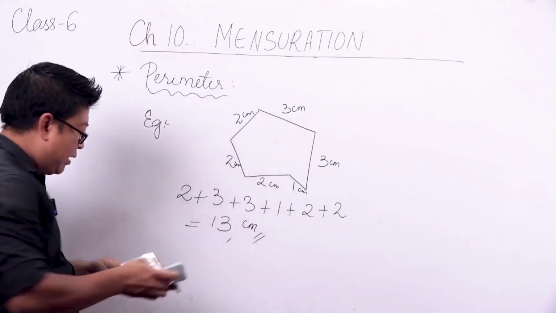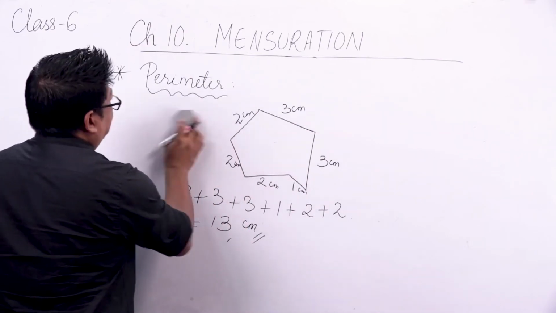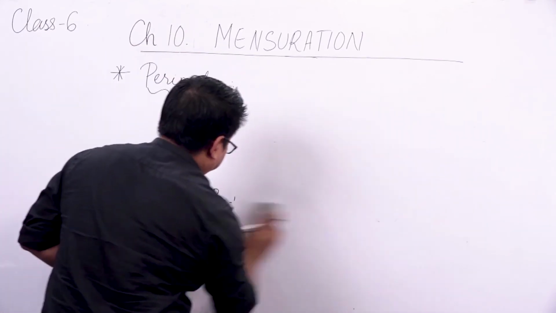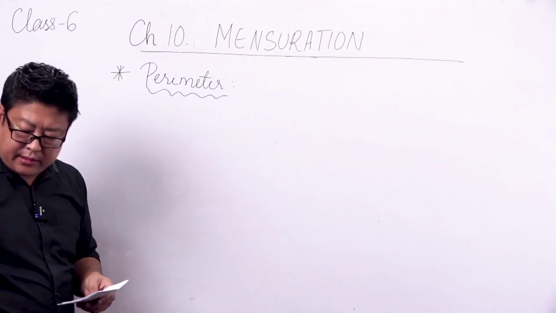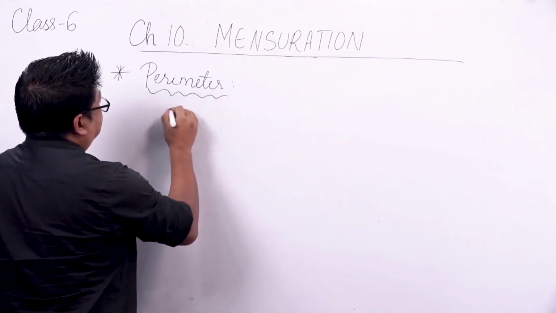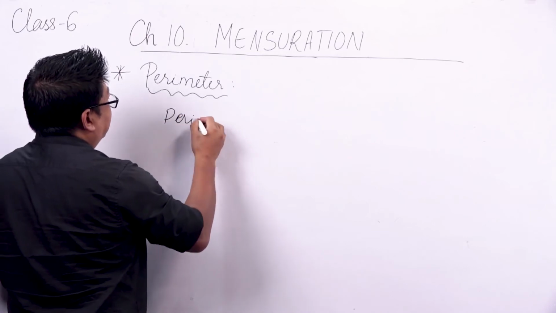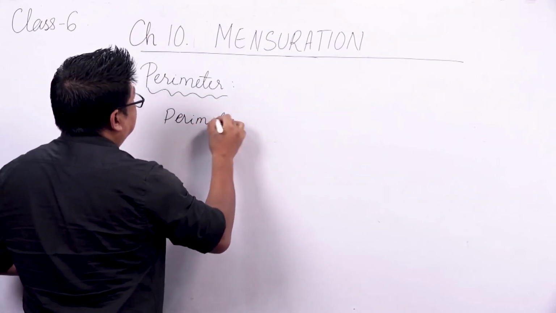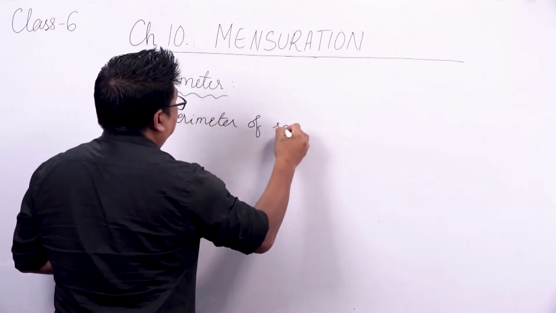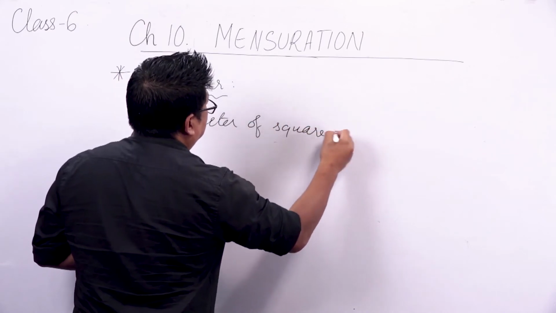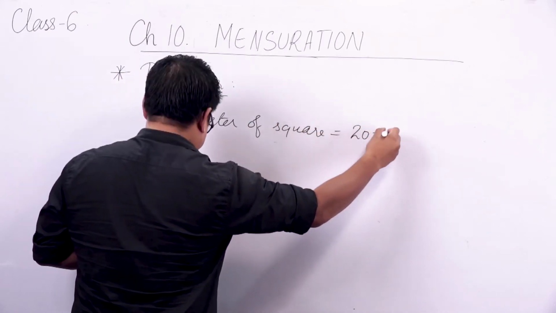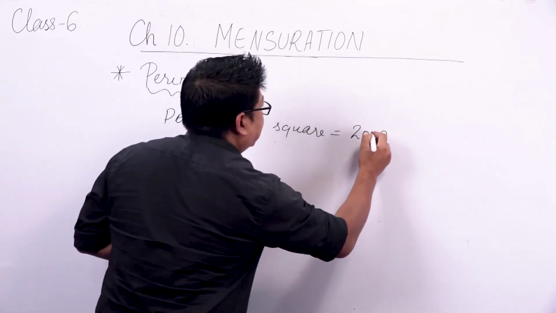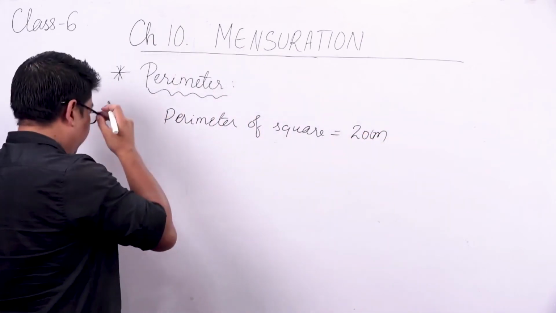All right, children? The next type of question may also be in this format. For example, the perimeter may be given. Perimeter of square is equal to, let's say, 20 meters, or let's say 20 centimeter for easier reference.